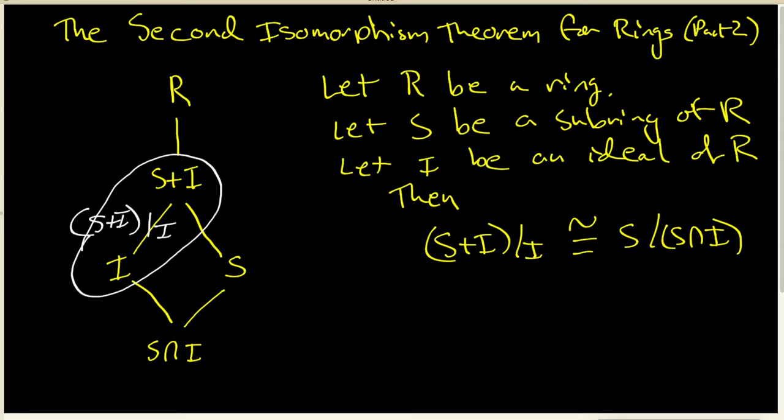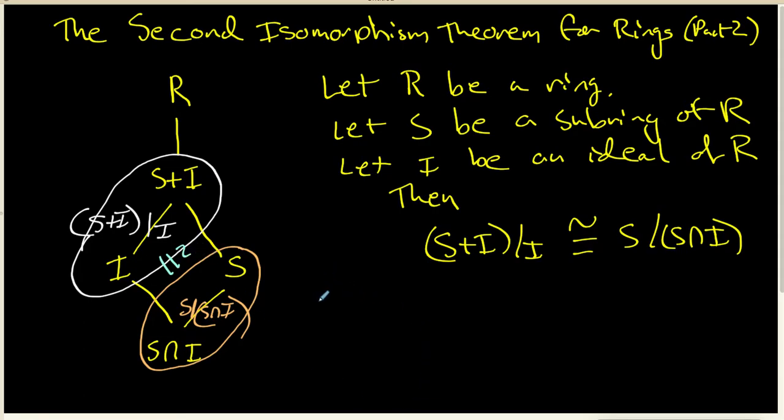And we also found out that S intersect I is an ideal inside the subring S, and so the quotient ring for this particular side of my diamond is also well defined, and that would be the quotient ring S mod S intersect I. And the statement of the second isomorphism theorem says these two quotient rings are isomorphic.